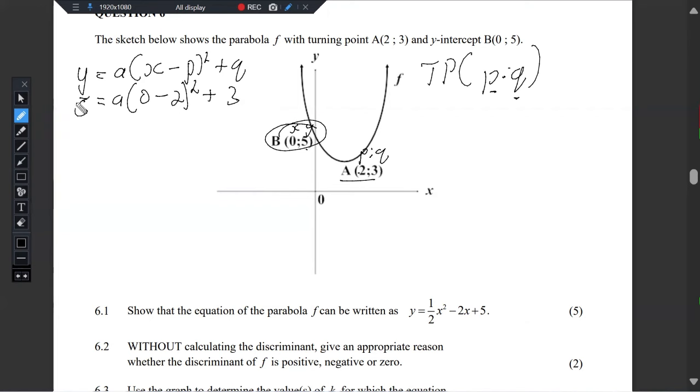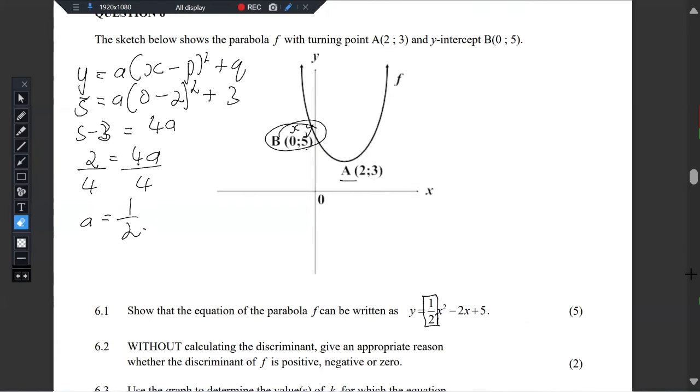Then we can take this 3 over to this side, so that's 5 minus 3. Here we have 0 minus 2, which is negative 2, and then squared, that's going to be 4. So 5 minus 3 is 2, equals 4a. Divide both sides by 4: a equals 1 over 2. Now you can see that we are getting there. That's our a. Every time you are calculating, confirm that you are on the right path.